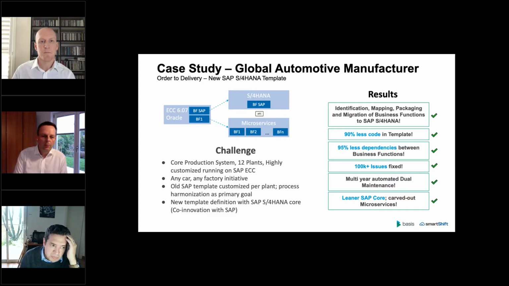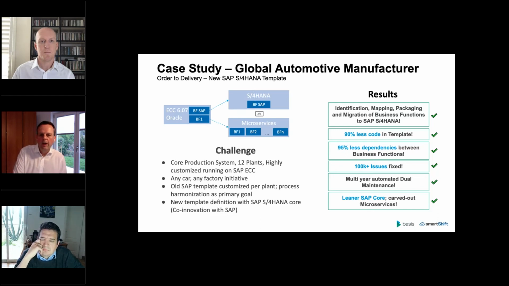At the end, we ended up with an SAP core which had 90% less custom code. Especially, we unmingled the whole custom code so that it is easier to maintain in the future. And we reduced the dependencies between business processes by 95%. That is a pretty nice example of the way we want to work and the benefits we want to provide.